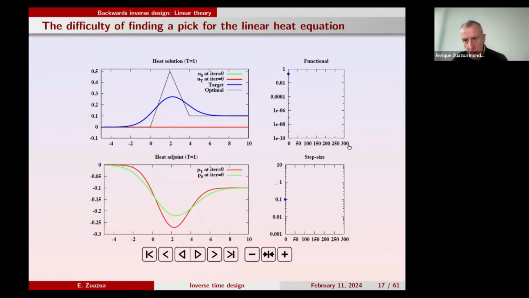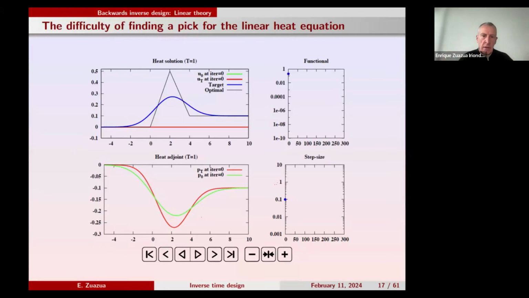While the functional goes down, we expect, of course, that our algorithm will be able to discover that the green line U0, the computational green line, should be very, very close to this black triangle. Let's see what happens then.